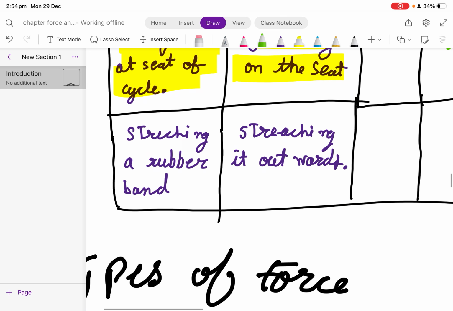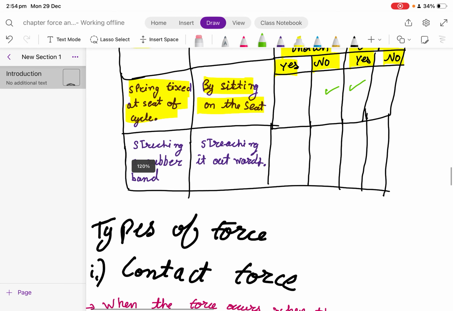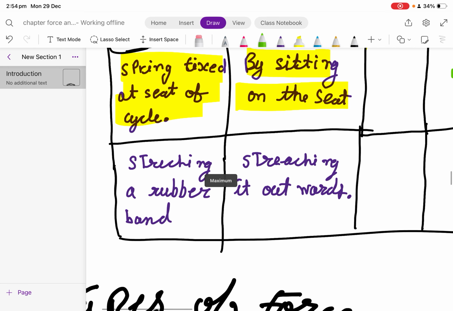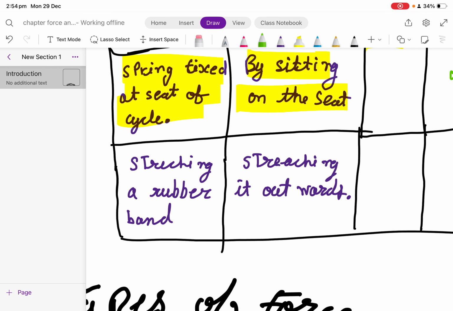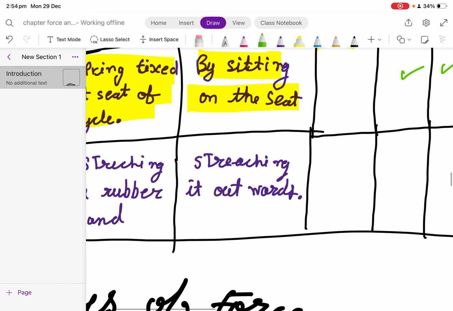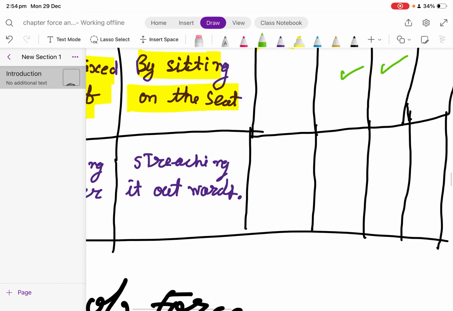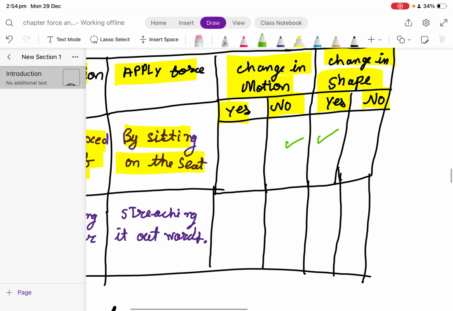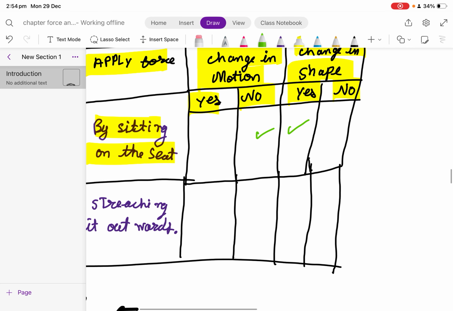Change in shape? Yes, there is a change in shape, when the mattress on the seat compresses when you sit on it. Now the second situation is stretching a rubber band, and the force is applied by stretching it outwards. The change in motion will be no, because it remains in its position. It's only stretched, not moved.